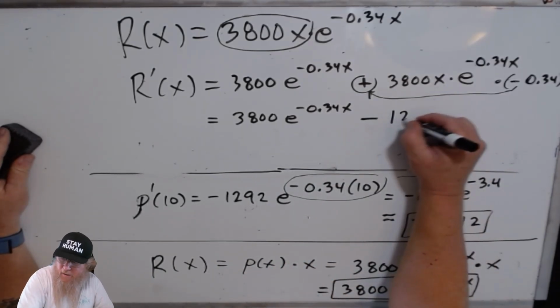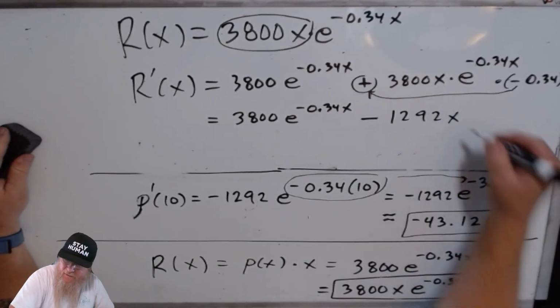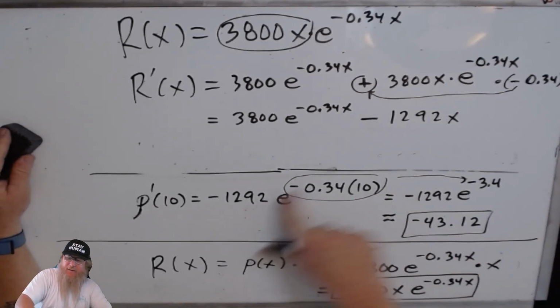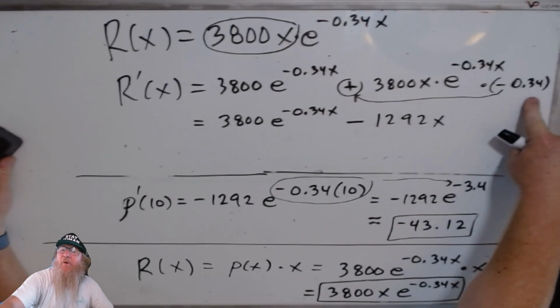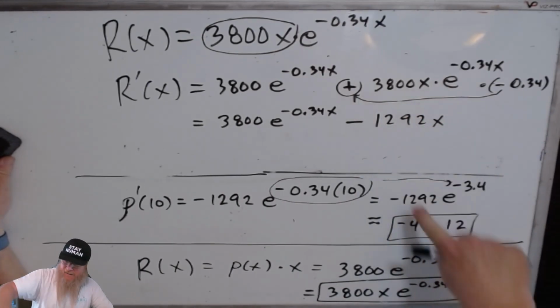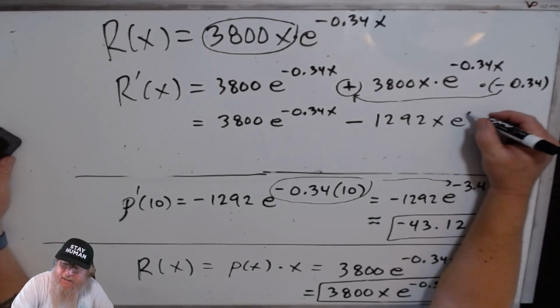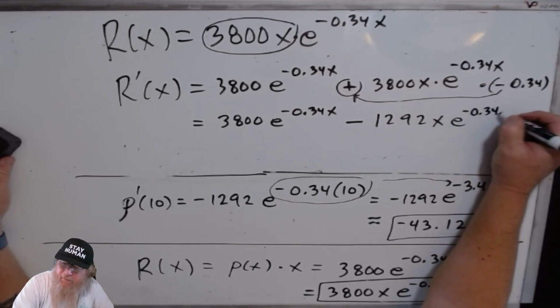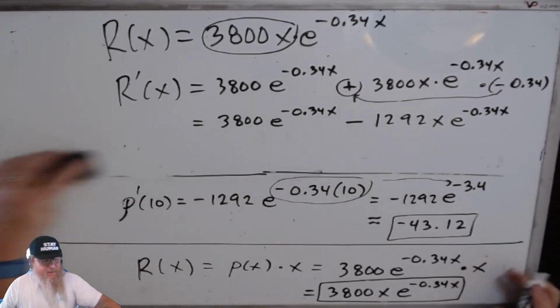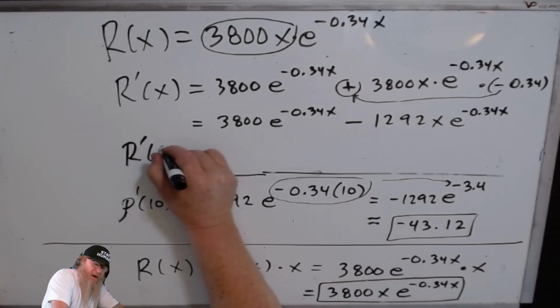And it was 1292, right? Because I've already done that, multiplying 0.34 times 3,800. It's the same 1292 we had earlier. x e to the negative 0.34x. And so we want R prime of 10.